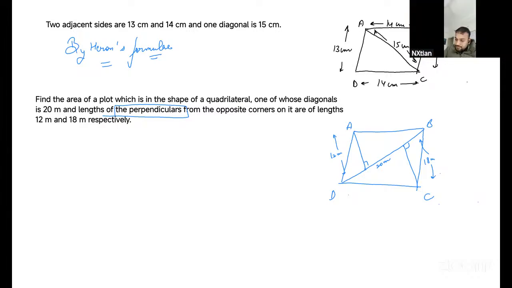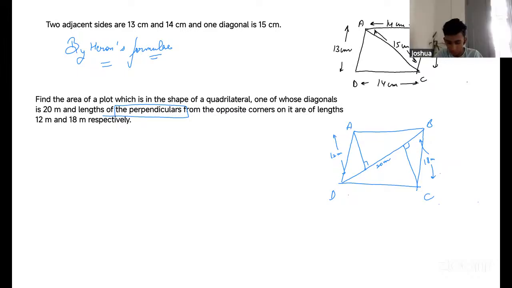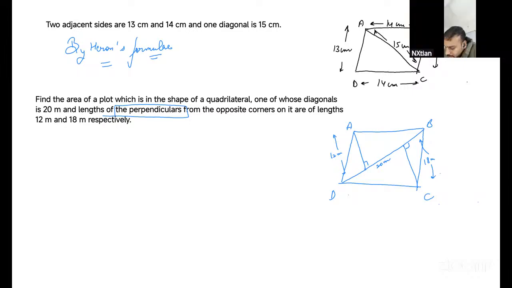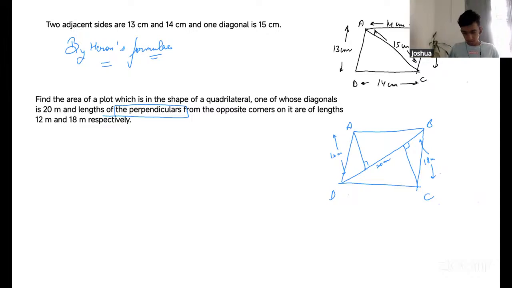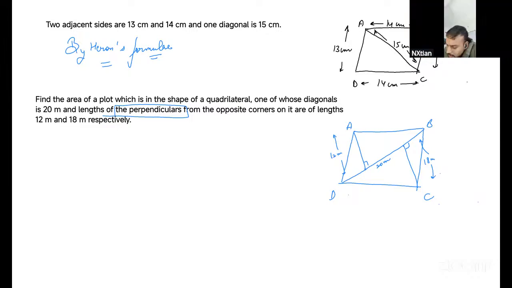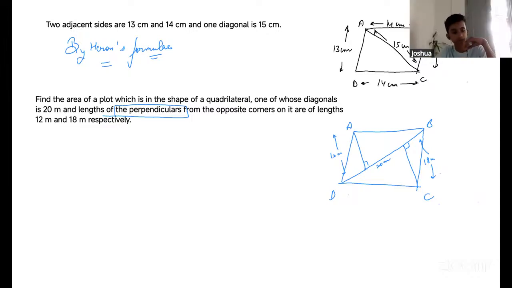Yeah, it's CYP 21.1, question number 1. Find the surface area and volume of a cuboid. This one? Yeah. I didn't get cuboid.